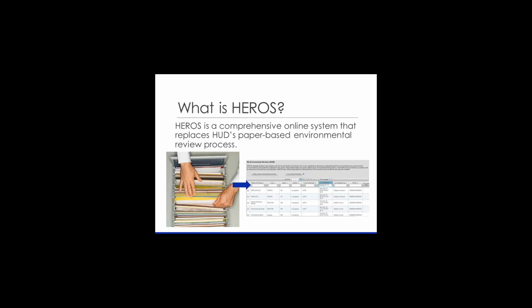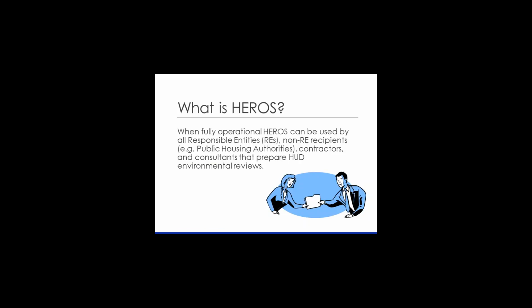The idea of HEROS, big picture, is to create one environmental review process and format that's as consistent as we can possibly make it across all HUD reviews and all HUD programs. So it's used throughout HUD. You'll use HEROS to create your environmental reviews and then submit that review to your supervisor, to your approving official, and if it's over 200 units, your field environmental officer or regional environmental officer, all within the system to sign off.